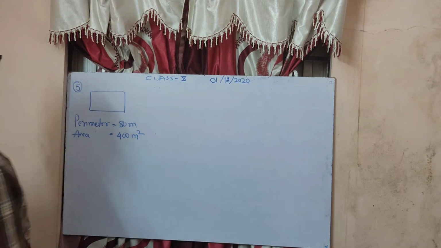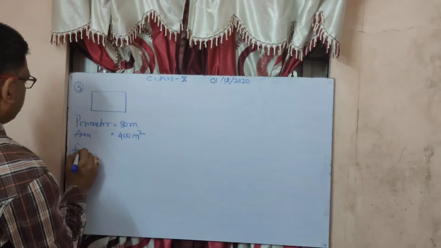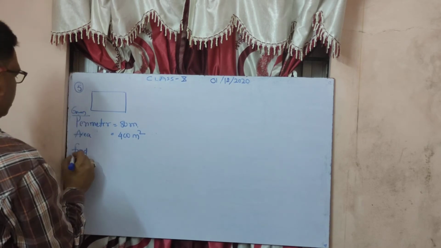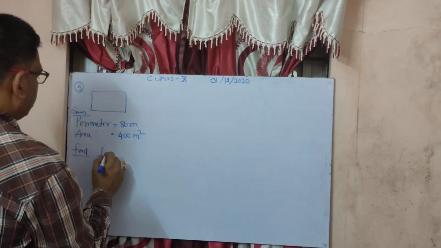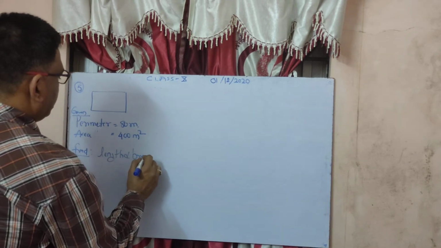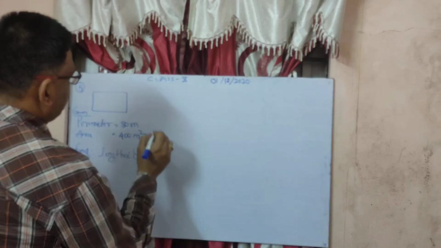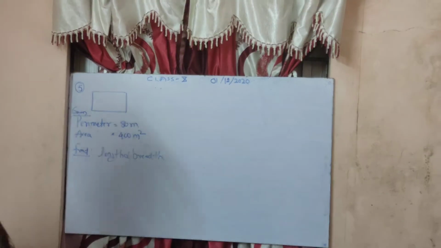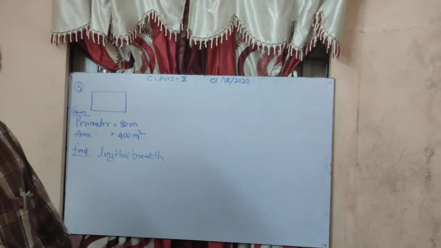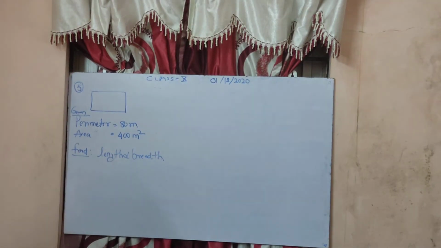What do you have to find? Length and breadth. Perimeter is given and area is given.